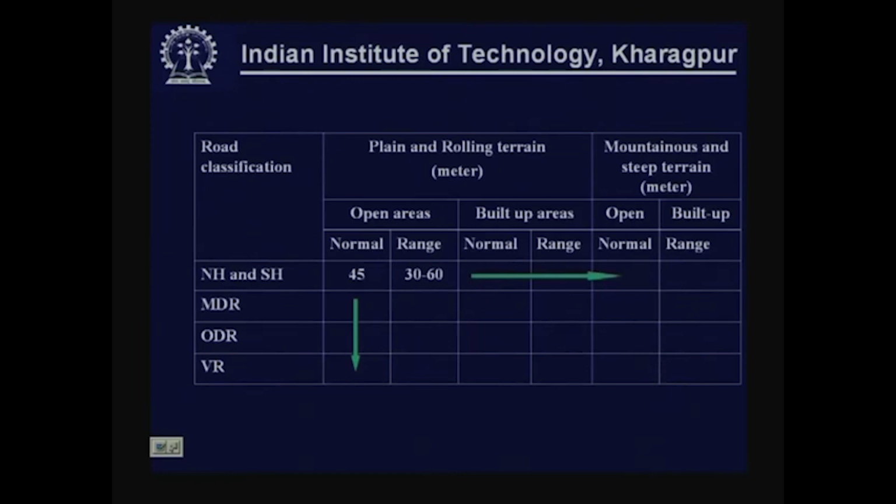Again, it depends on whether the area is open area or built up area, because in built up area availability of land is difficult. It is difficult to get free land for development of roads. So, values are generally lesser in built up areas and more in open areas.